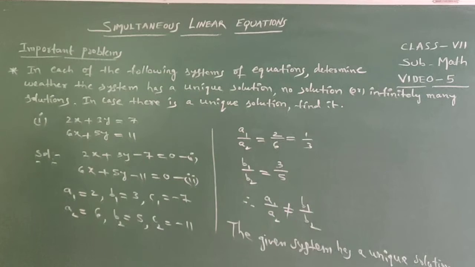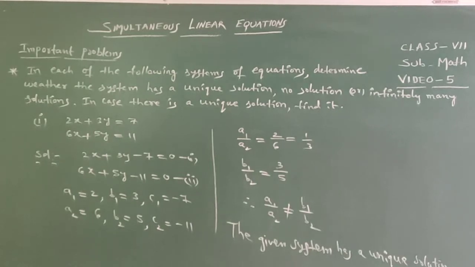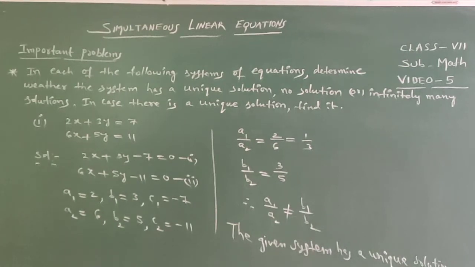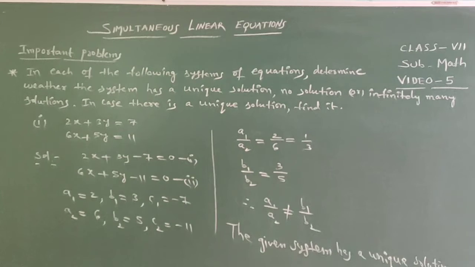Then the given system has a unique solution, we can say. Here one condition: in case there is a unique solution, find it. Now for the first example, it has a unique solution. That's why we need to find the solution also.